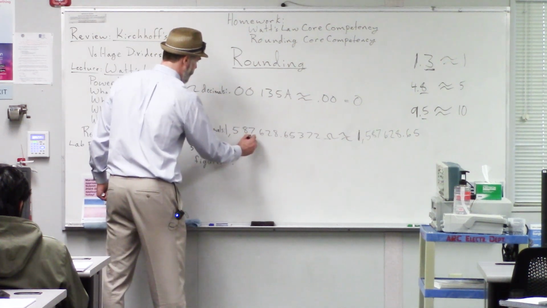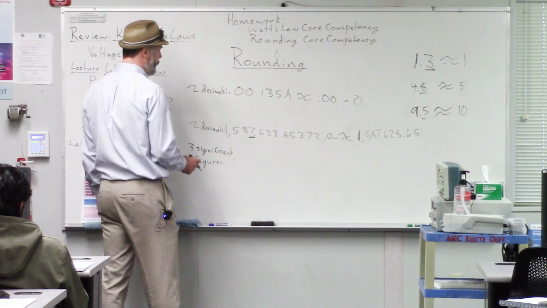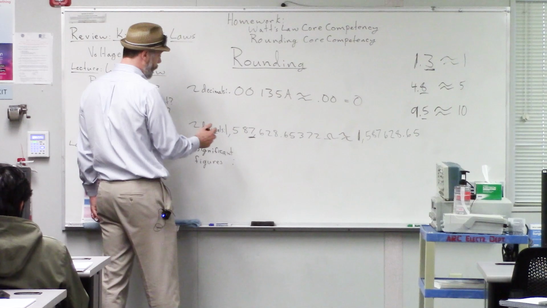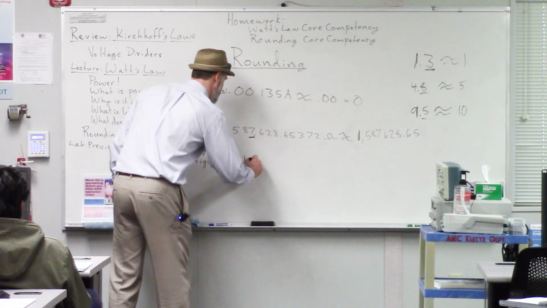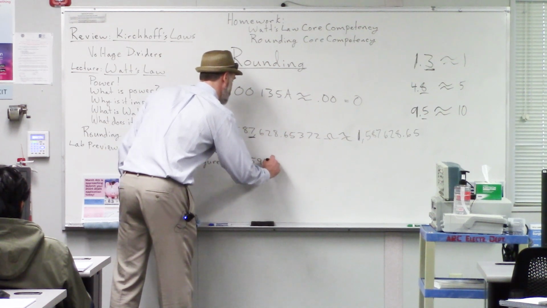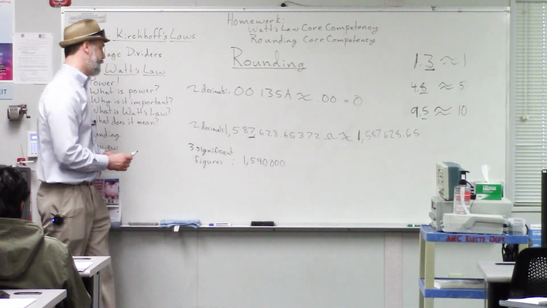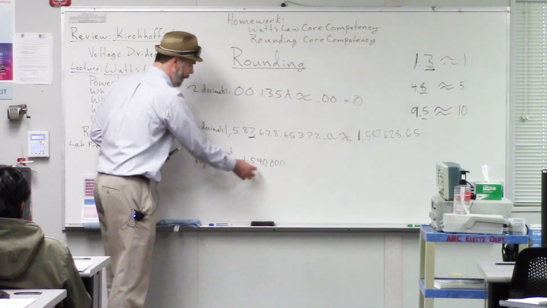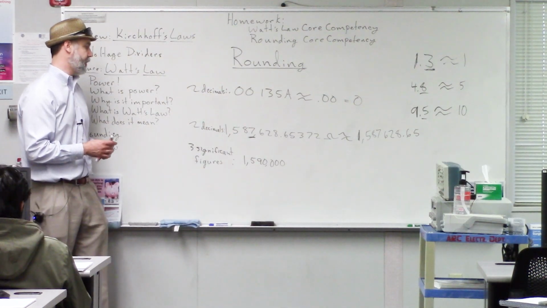So in this case, that would be 7. So that would round up in that case. So then that just becomes 1,590,000. Okay? So we end up with 3 significant figures at the beginning of our approximation.